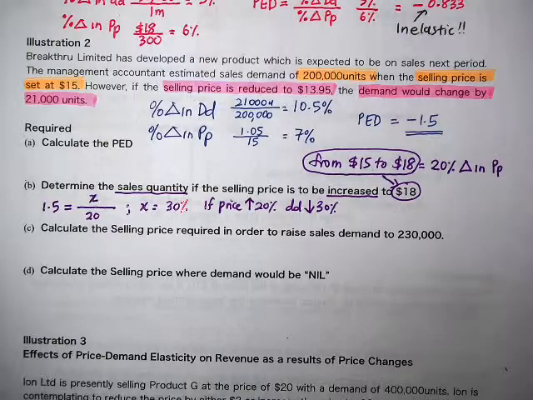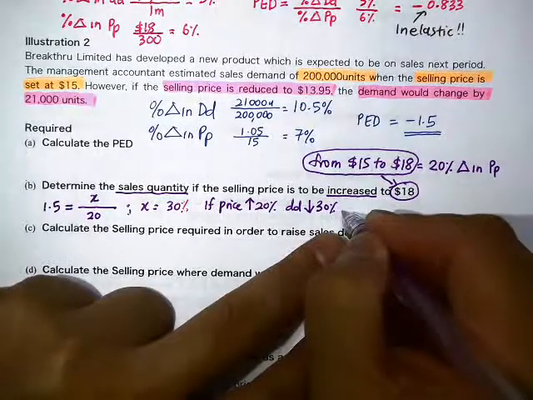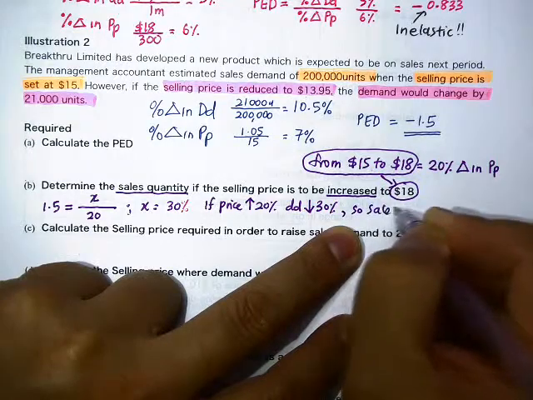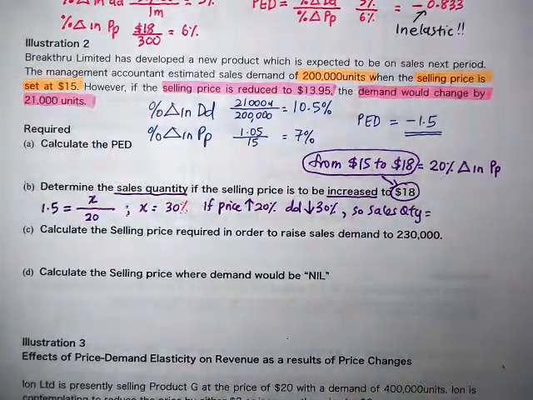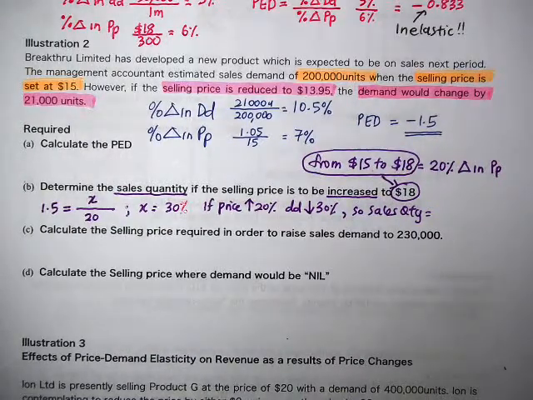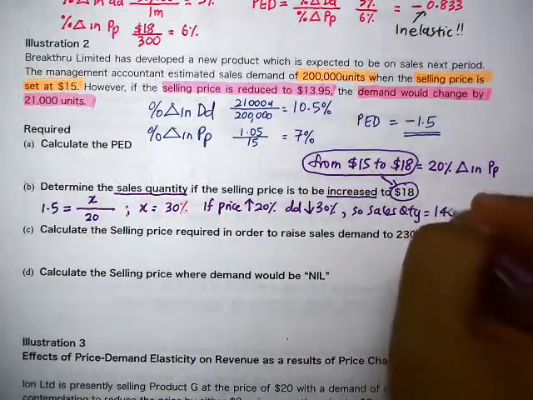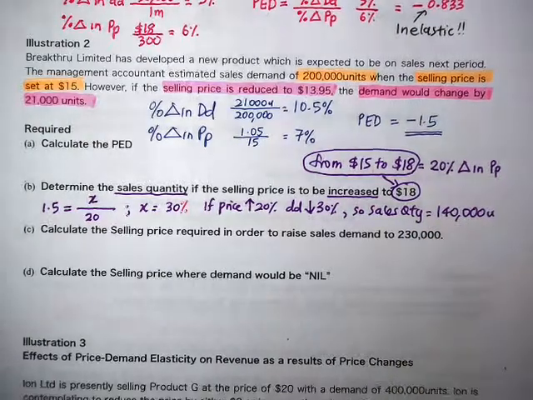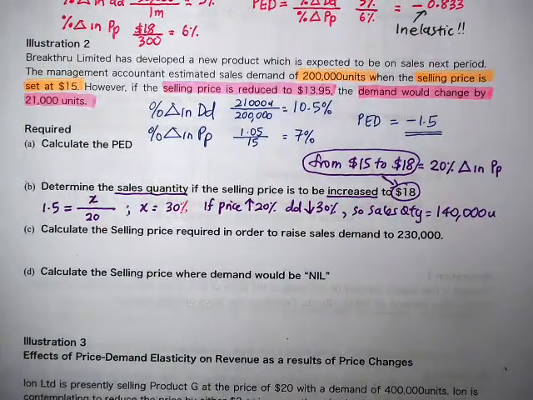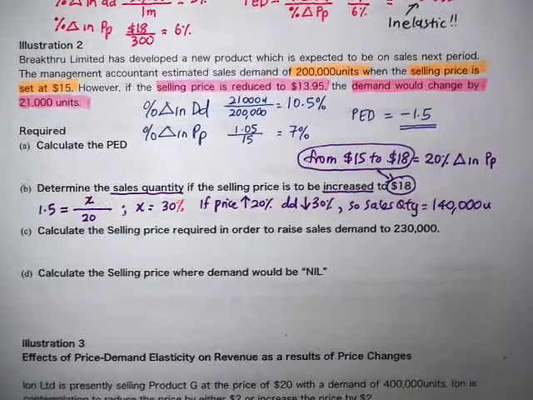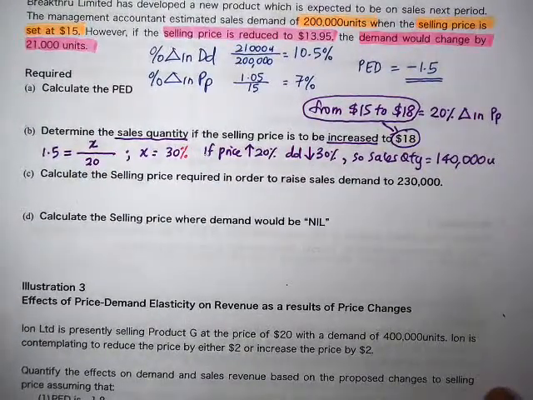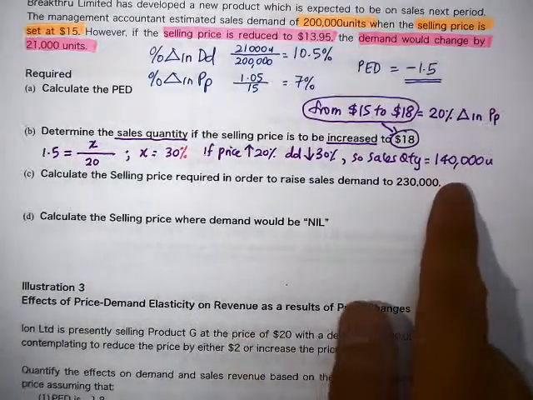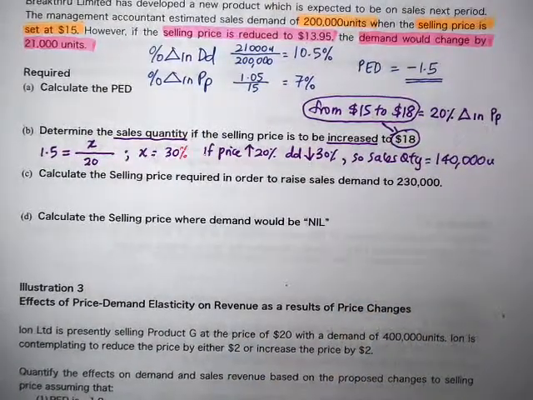So if demand falls by 30%, that means you expect the sales quantity, 200,000, will become 140,000 units. That's your answer, okay? So they ask you what's the effect when your selling price increases to 18. The effect is your volume drops to 140,000.